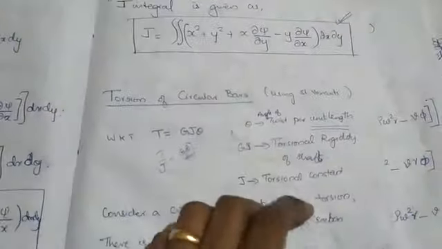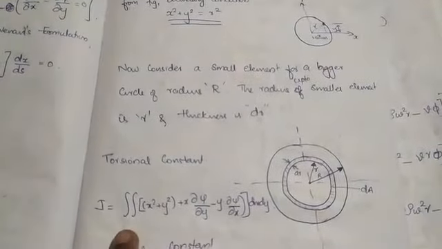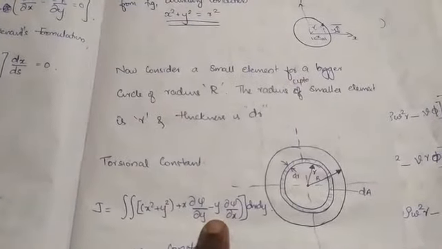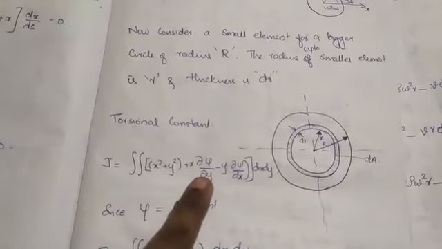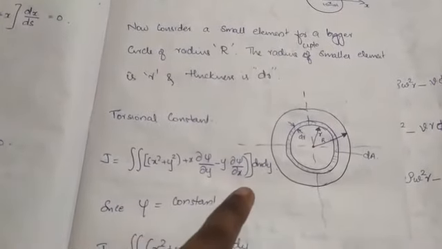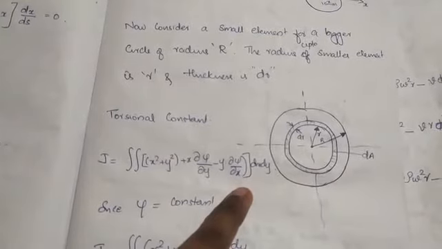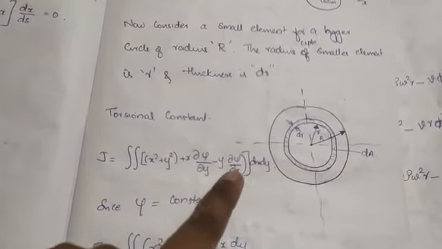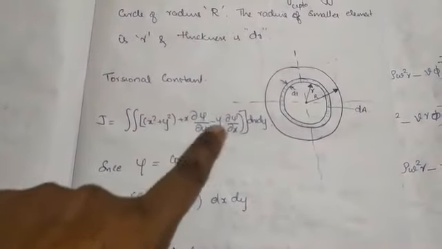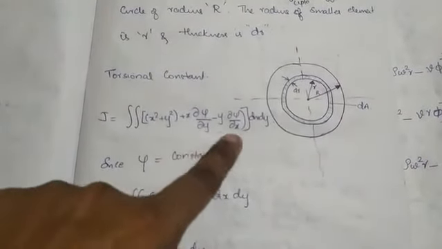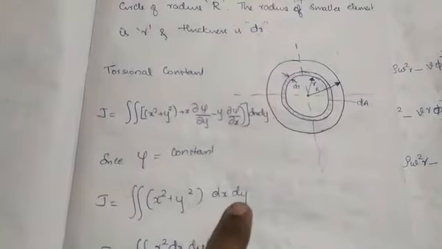Since psi is a constant, d psi by dy and d psi by dx become 0. If you differentiate it, it will be 0. So what is left is x square plus y square into dx dy.